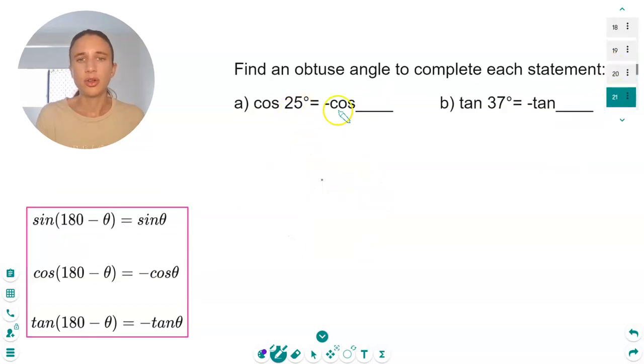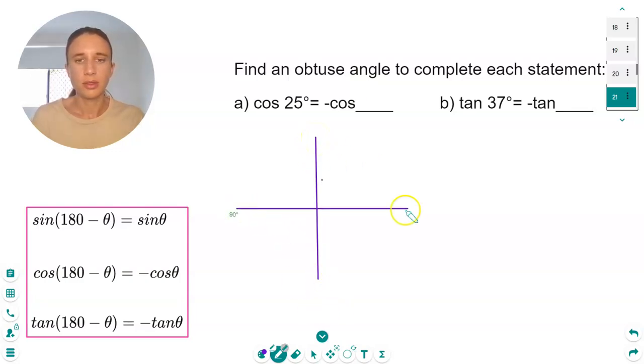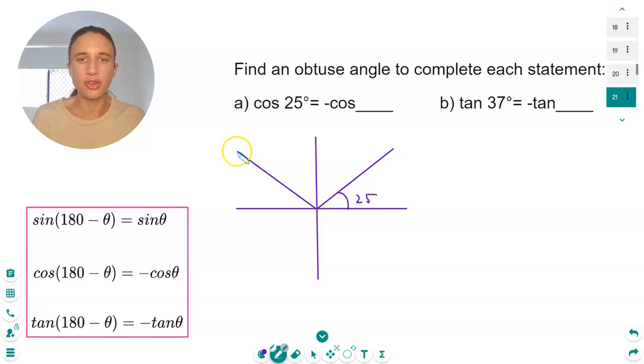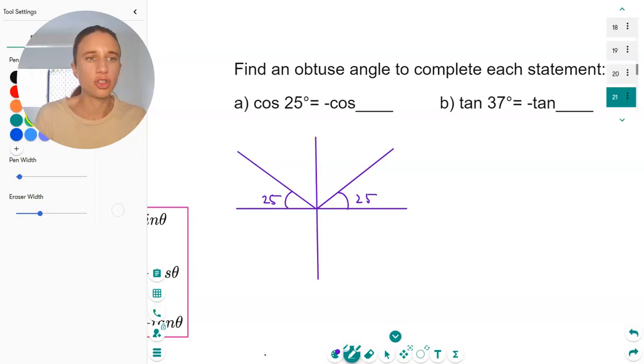What about this? Cos 25 is negative cos something. I will draw this one just because it's important. Cos 25 is what obtuse angle? So you can just redraw it symmetrically like that and know that this is going to be your obtuse angle here.